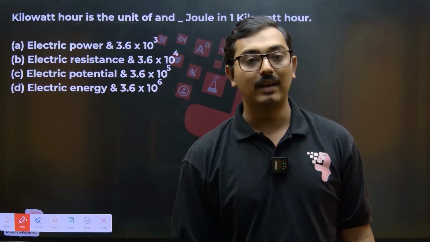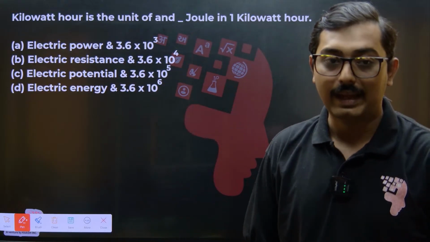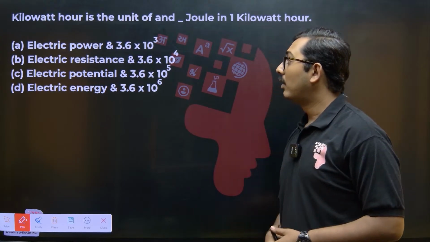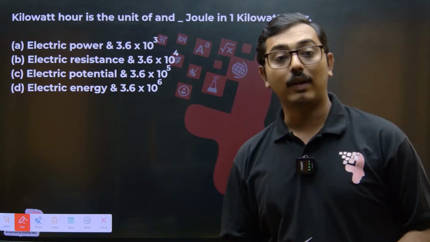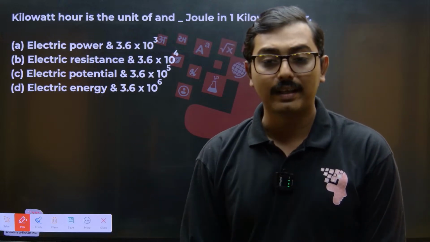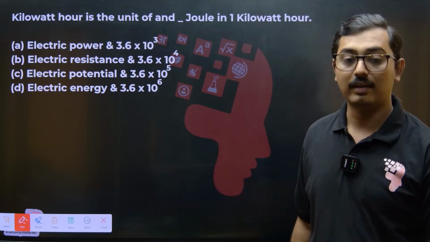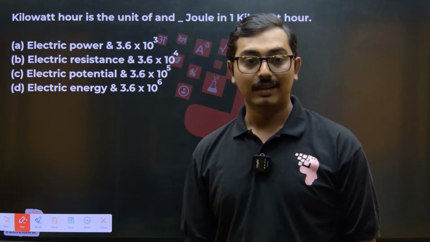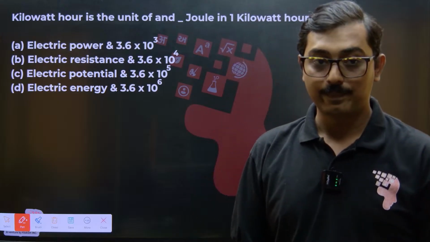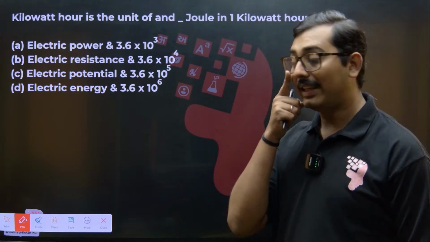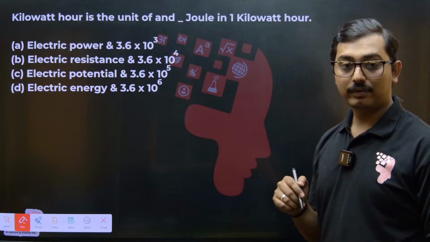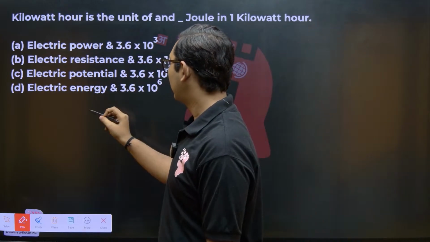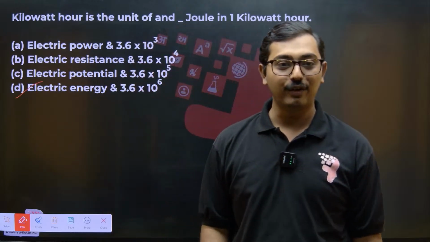kilowatt hour is the unit of ___, and ___ joule in 1 kilowatt hour. What is the quantity whose unit is kilowatt hour? Is it electric power, resistance, potential, or energy? Kilowatt hour is obviously a unit of energy.